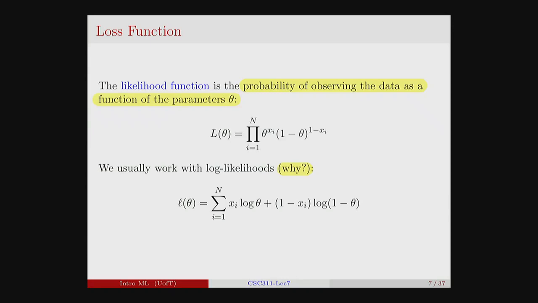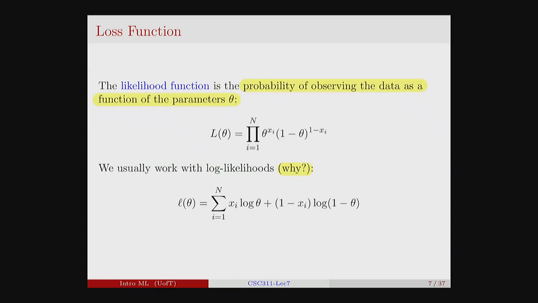And when you start multiplying these small numbers that are all less than 1 together, you quickly experience numerical underflow in any practical implementation of the product of very, very small probabilities. And so from a practical perspective, you would really want to avoid multiplying small numbers that are less than 1 together, because your computer has only a certain number of bytes in order to be able to represent numbers. And so if your number is very, very tiny, your computer is going to experience what's called numerical underflow.